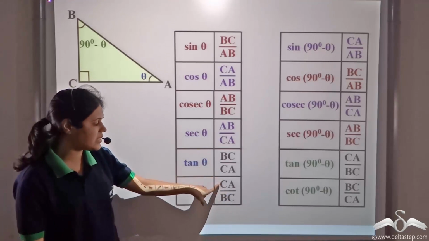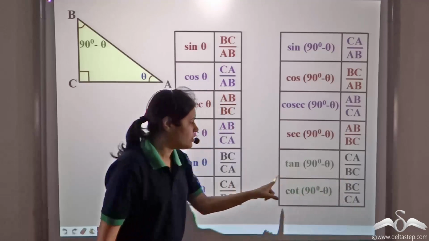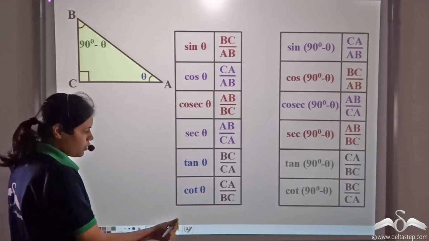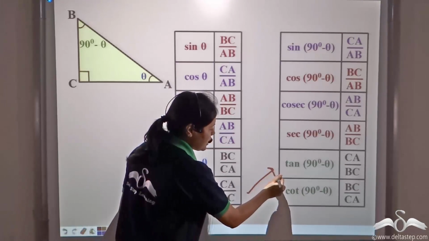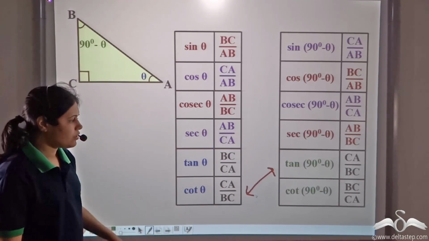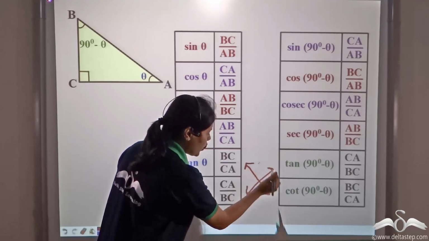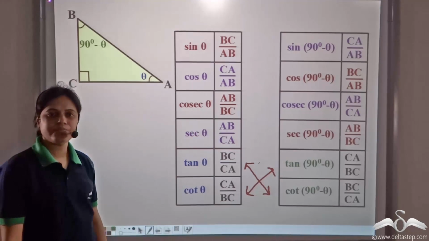Now we see that CA by BC and CA by BC here. So cot theta is equal to tan 90 degree minus theta. Also tan theta is equal to cot 90 degree minus theta.